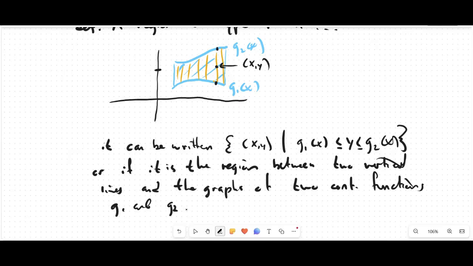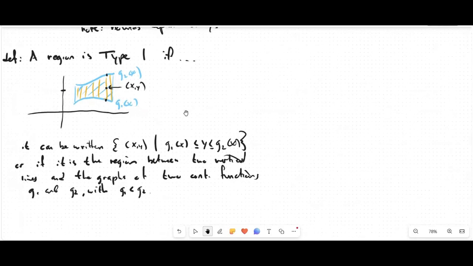And of course, I'll just say this, we need that G1 is less than G2. And then we'll just get the other one out of the way.